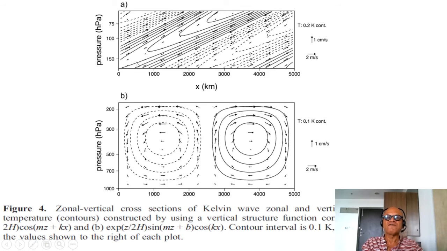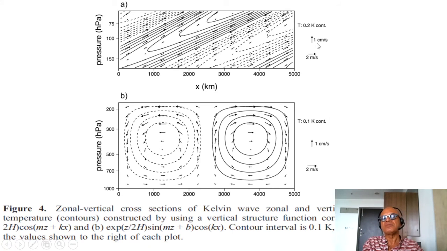So you have the equatorial Kelvin wave having this structure in the stratosphere, and in the troposphere you have the vertical structure function given by this expression here. As you can see, they are almost the same, but not the same. So the imaginary parts are different for the radiation boundary condition, which is appropriate for the troposphere, versus the rigid lid boundary condition.